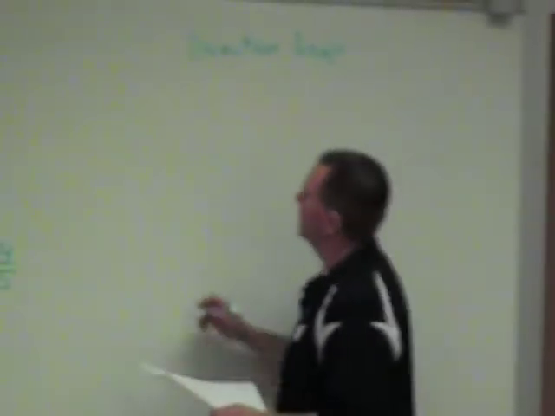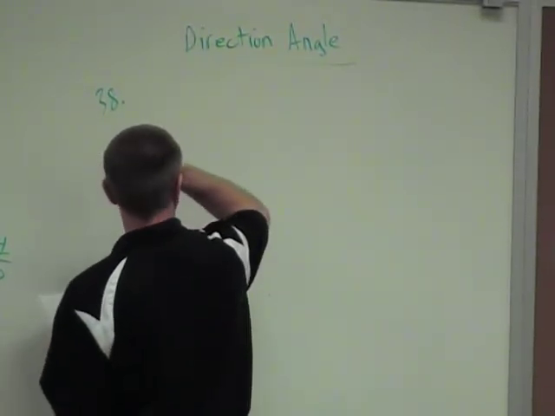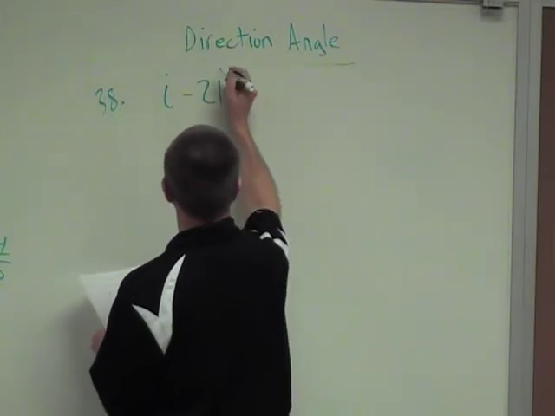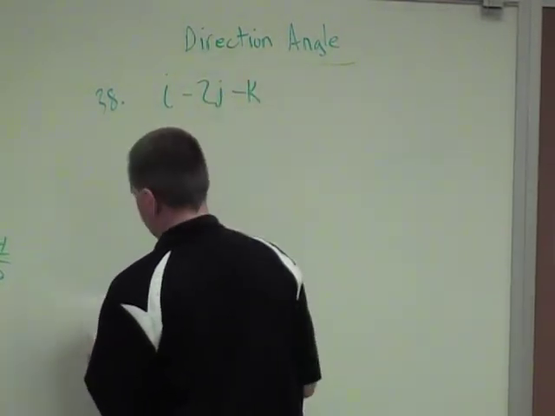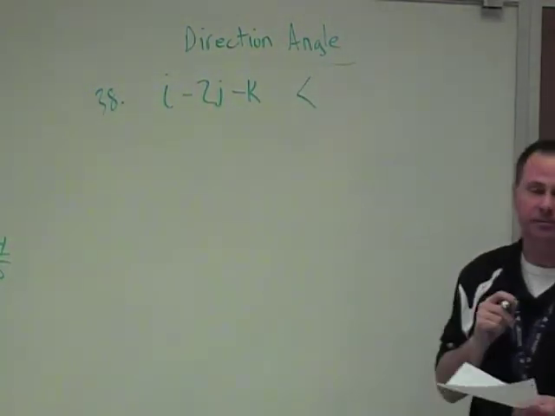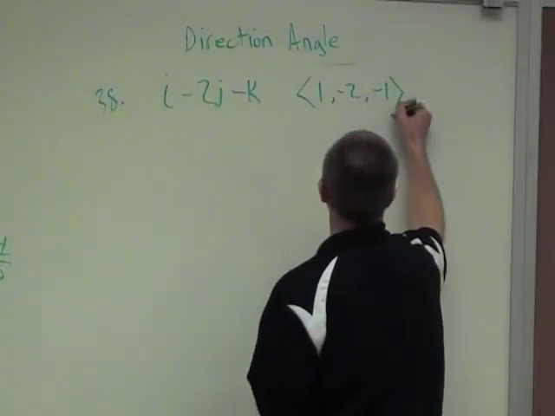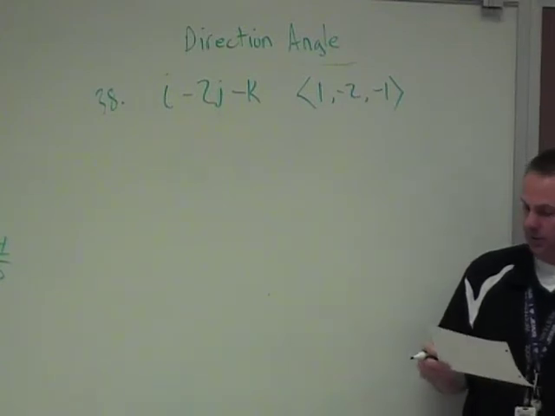So if I give this number 38, you should have this in your reference sheets, but if you don't, that's okay. We have i minus 2j minus k. Alright, so what's our vector? 1, -2, -1. You don't need to write the vector, but just make sure you understand what it is.